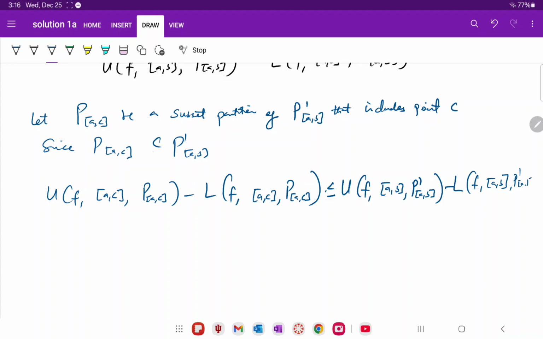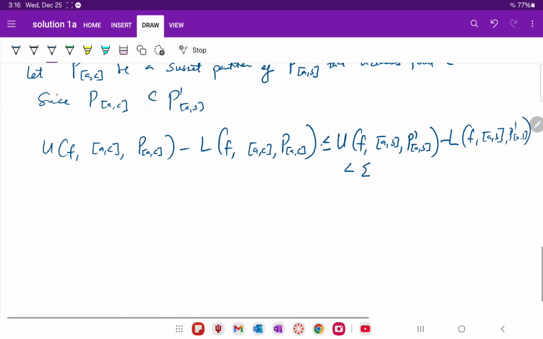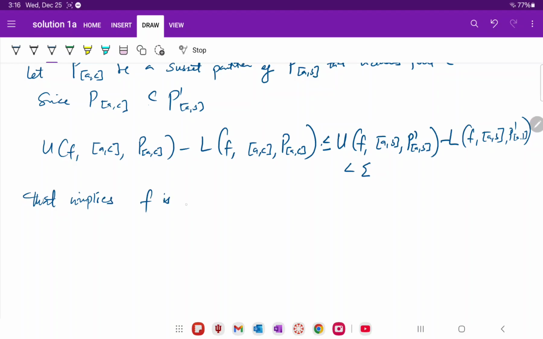And since this is less than epsilon, that implies f is Riemann integrable on [A, C].